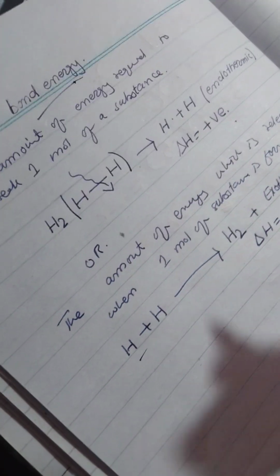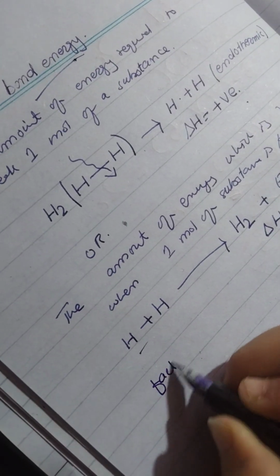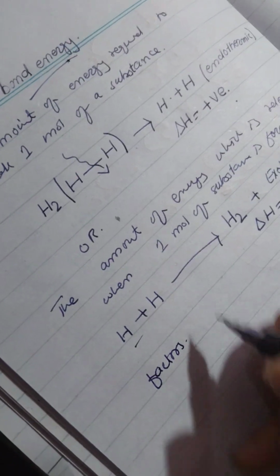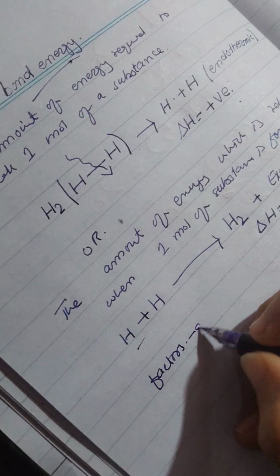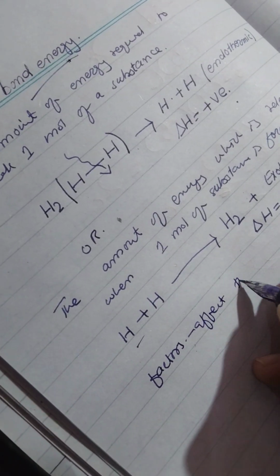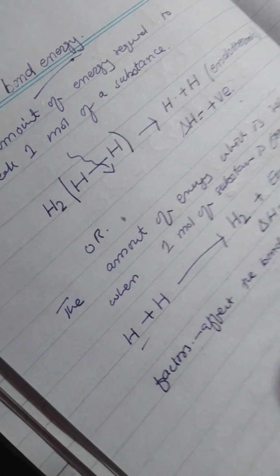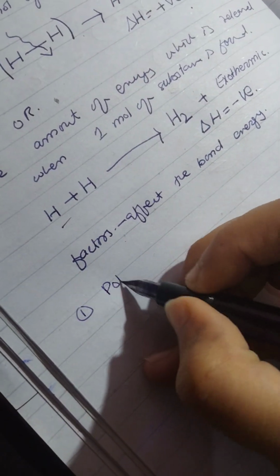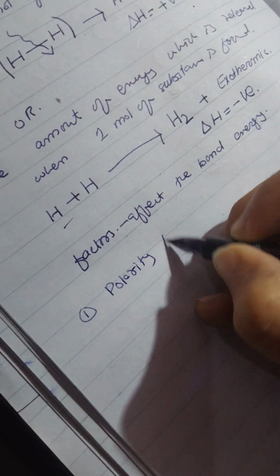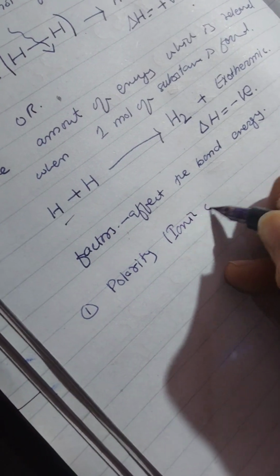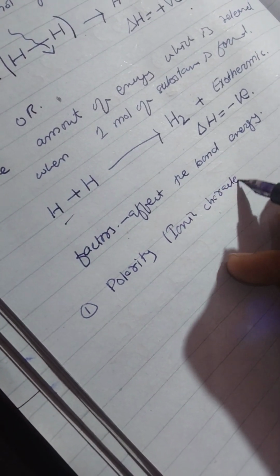There are some factors that affect the bond energy. Basically the first factor is polarity, or you can say the ionic character.